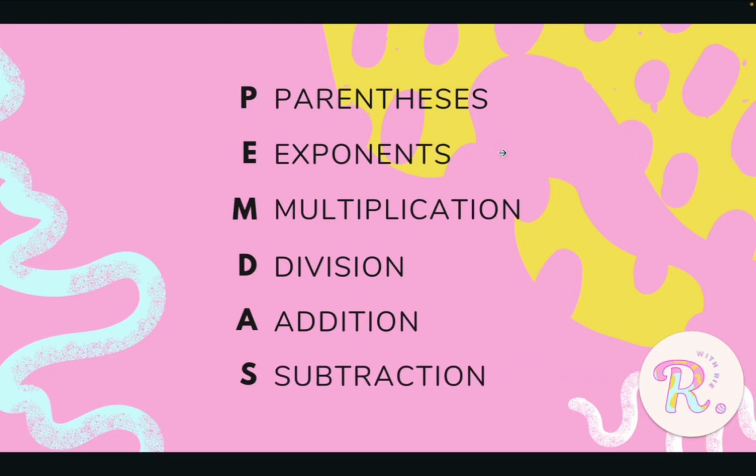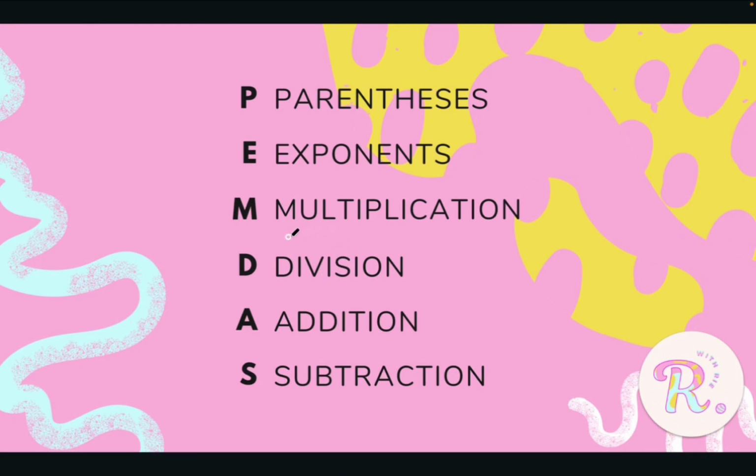Now, here's the trick that trips people up. Okay, even me, when I first did my review. Multiplication and division are on the same level, okay? Addition and subtraction are also on the same level. What that means is you don't always multiply before you divide.